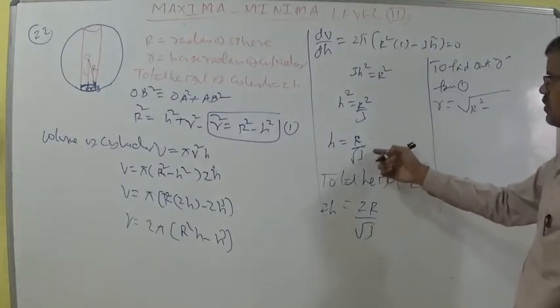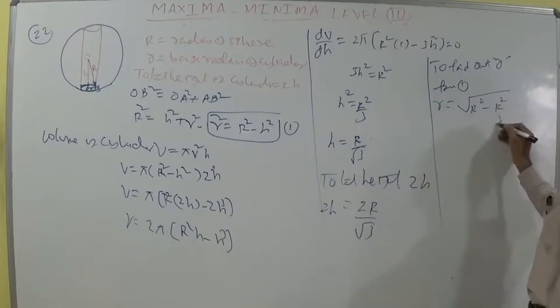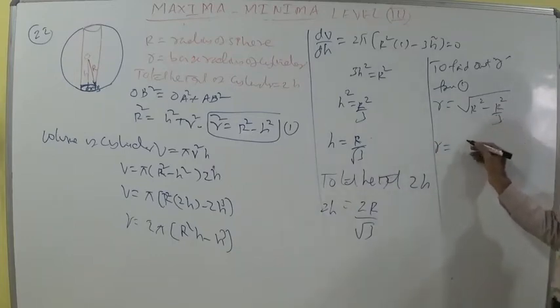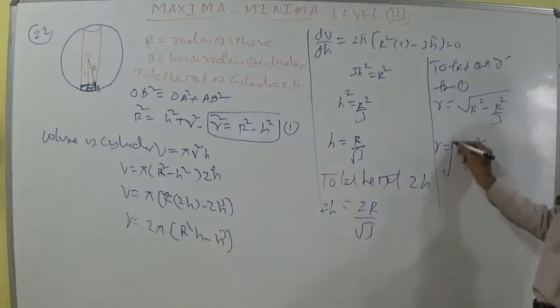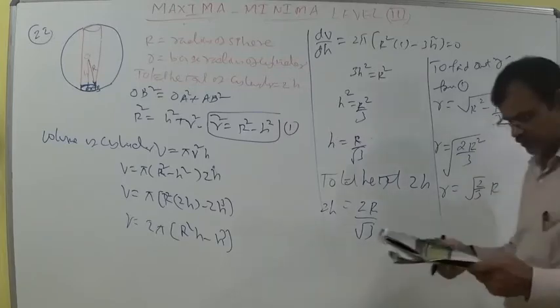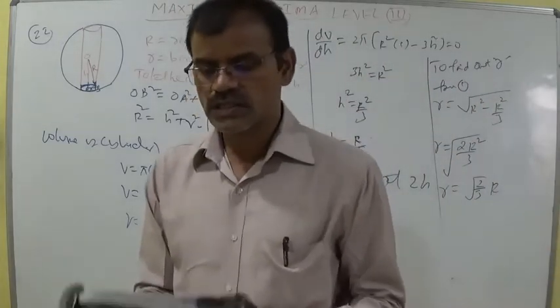Now the value of h square we got is R square by 3. So small r is equal to root of R square minus R square by 3, that is 2R square by 3 over root, and small r is equal to square root of 2 by 3 into capital R. Here it is the third option.